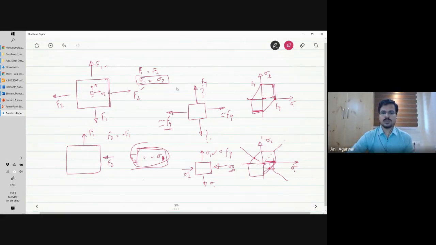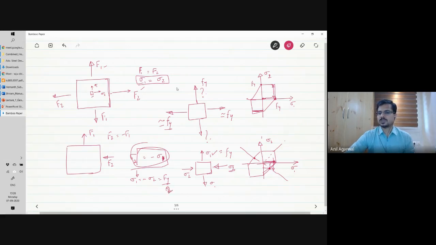So sigma 1 is equal to minus sigma 2, then yielding will be at Fy by 2, either on this side or on that side.